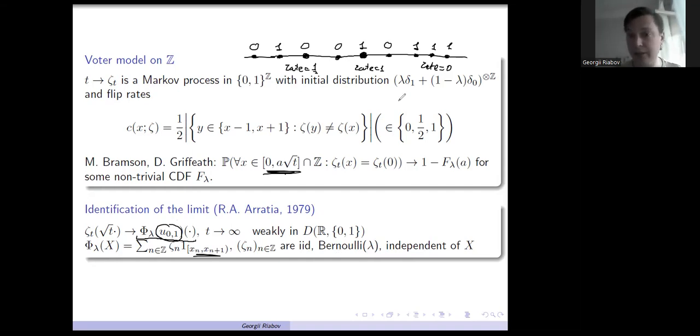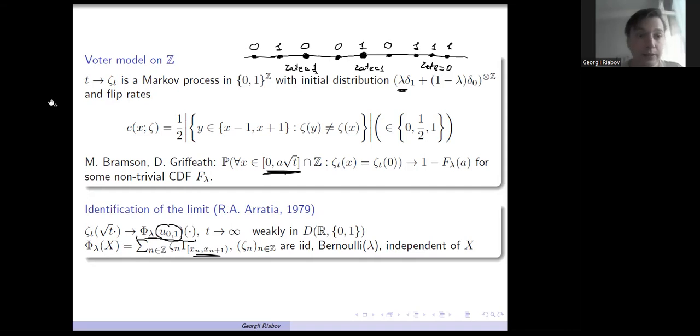So lambda exactly comes from the initial distribution. Okay, so the Arratia flow appears in a rather complicated way in a seemingly quite simple model.